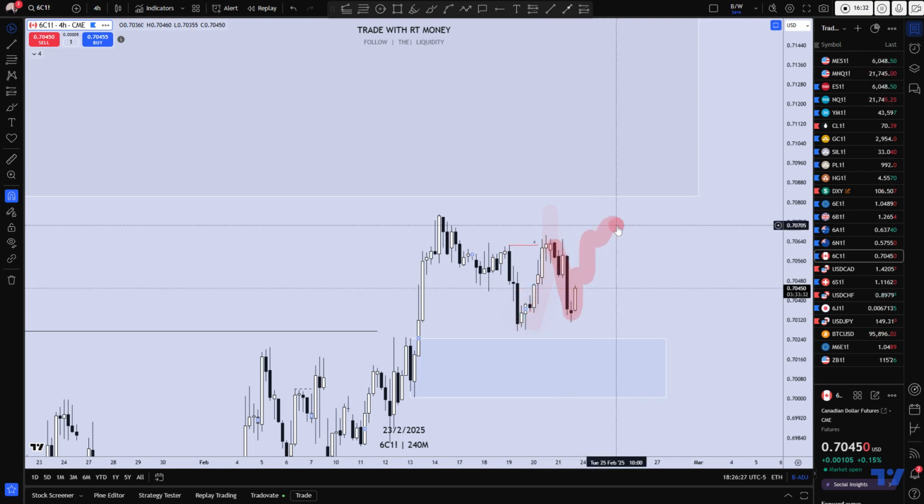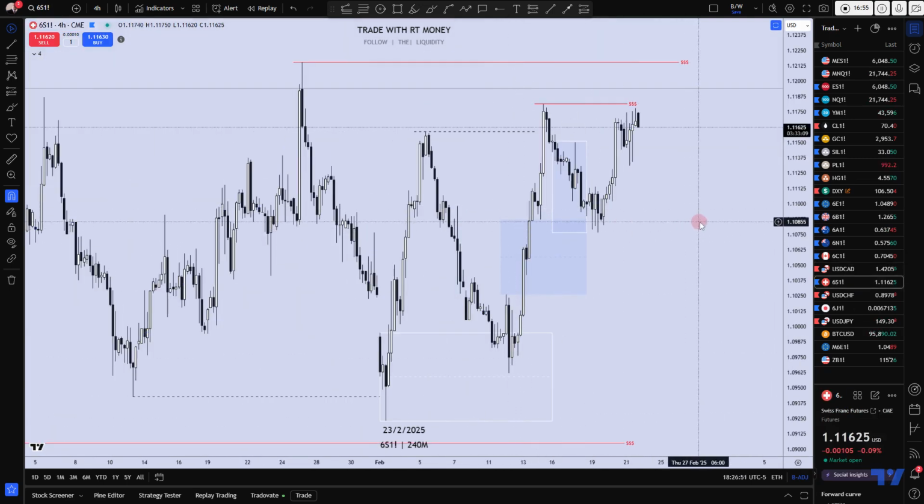It may just hold this low as protected, and price could just continue higher from here. But I would love it if it swept the liquidity on both those lows and then came back. But again, I am bullish in the Canadian dollar as well against the U.S. dollar.